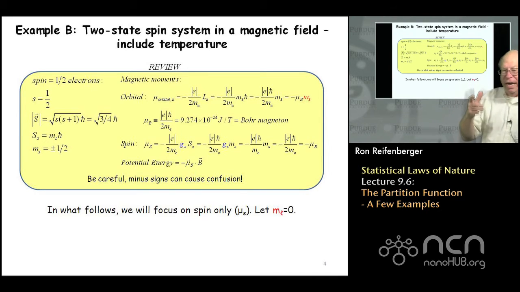There's a minus sign that has to be properly taken into account in this discussion. So the magnetic moment is always opposite to the direction of the spin of the electron. That's basically what the minus sign is saying. And for our purposes, we're interested in the potential energy that this spin will have in an external magnetic field. And this is the quantity that we're going to evaluate on the next slide.